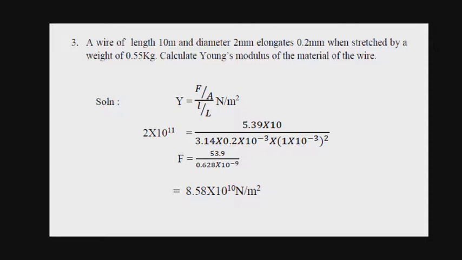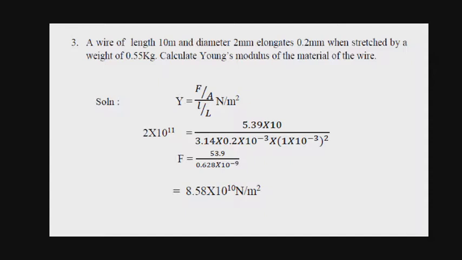Okay, what is given here? Given capital L is equal to 10 meter, small d is equal to 2 millimeter, then small r is equal to 1 millimeter, that is 1 into 10 to the power minus 3 meter.